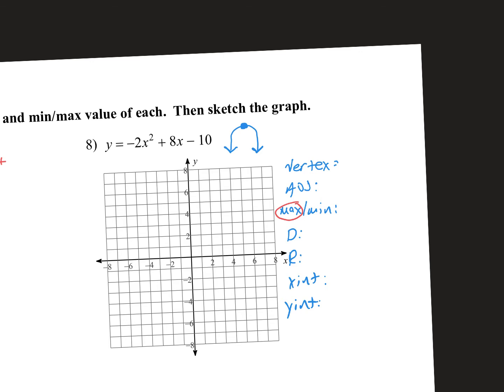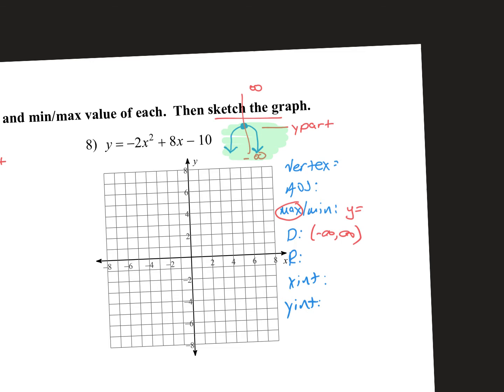What is the domain for all of these parabolas that we're talking about? Negative infinity to positive infinity. All right. I know this is the y part of my vertex. I know that my range then, think about this. This is a coordinate plane. This is the y part of your vertex. This is negative infinity, and this is positive infinity. When we read from bottom to top, where does your graph exist?